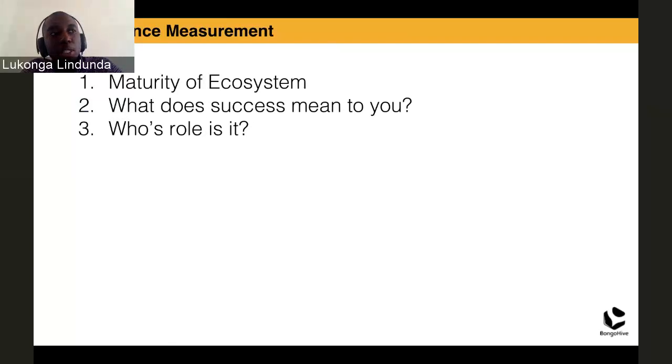But it's important to understand at which level the different hubs are at, so that you can copy or benchmark yourselves against what they're doing. A good example, a few years ago when we started, we were benchmarking ourselves against the iHub and many other hubs like Hive Collab, because they were in a space where they were creating the community, supporting communities and things like that.